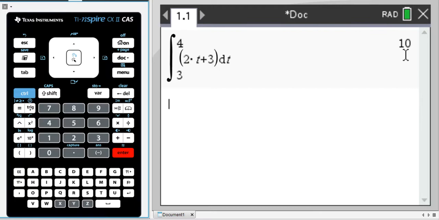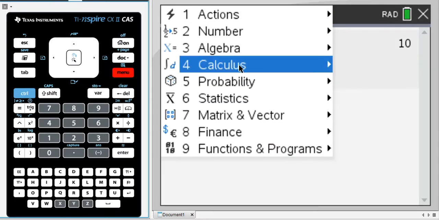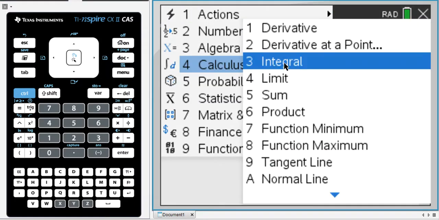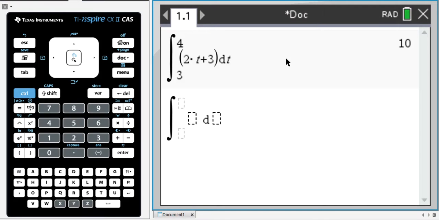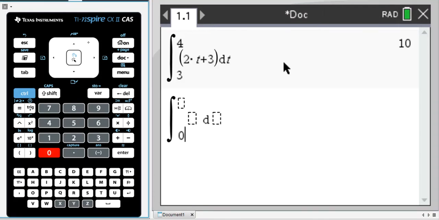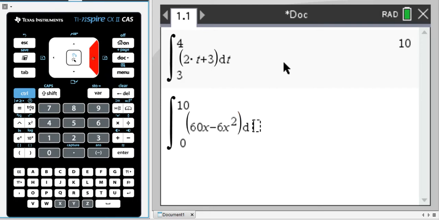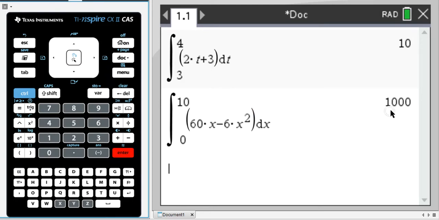And if we were to check with a calculator, it would look something like this. We'll call upon the calculus menu and evaluate an integral. The boundary of integration is 0 to 10. The function was 6 dx minus 6x squared with respect to x, and the end result is indeed 1,000.